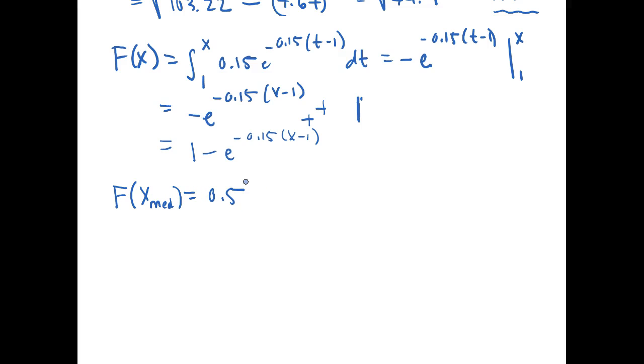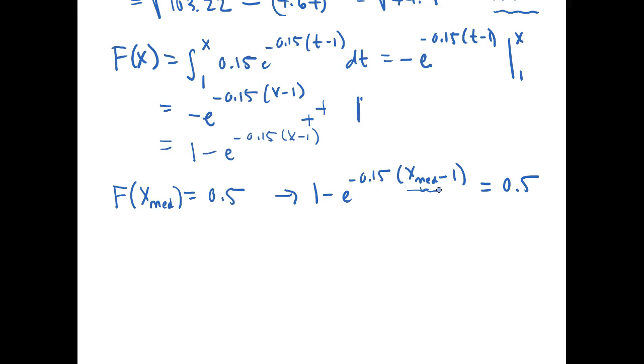What this means is that if we plug our median value into 1 minus e to the negative 0.15 (x minus 1), it should be equal to 0.5, because that value cuts off 50% of the data. So 50% of the area falls below our median. We can now solve for this expression.